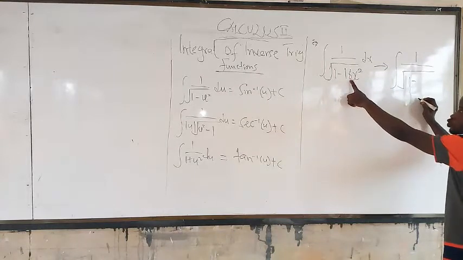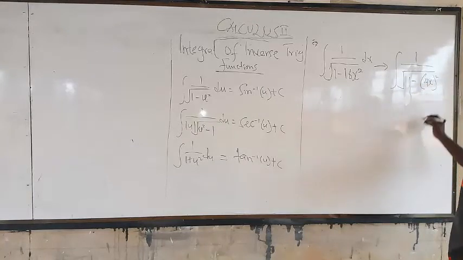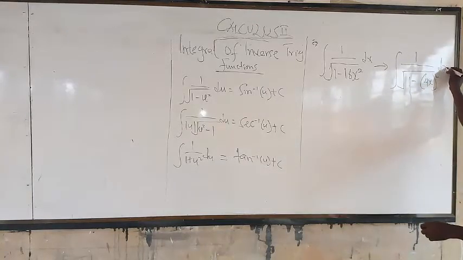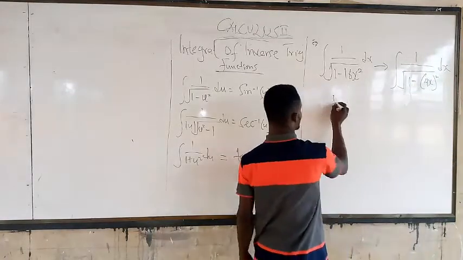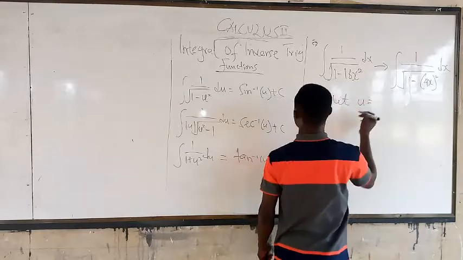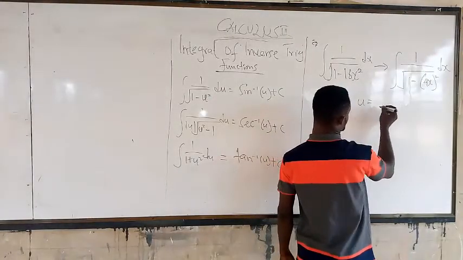So this is the same as 4 squared. So we can write (4s) squared ds. And when you write it like that, here now we can let u be, so that we get a form like this.